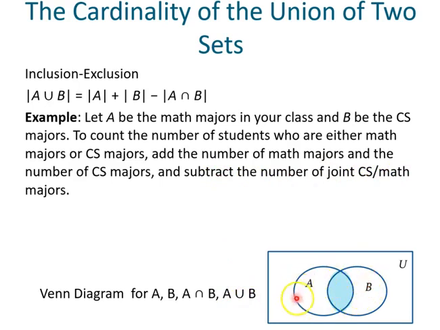So to count the cardinality of the union, we count the number of elements in A, the number of elements in B, add them and subtract the cardinality of the intersection of A and B.